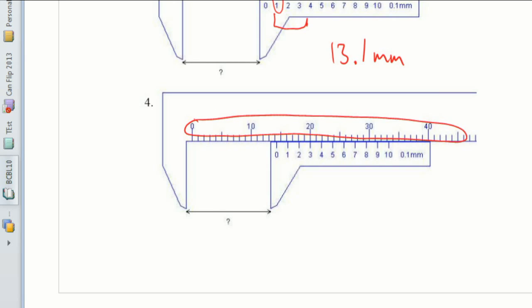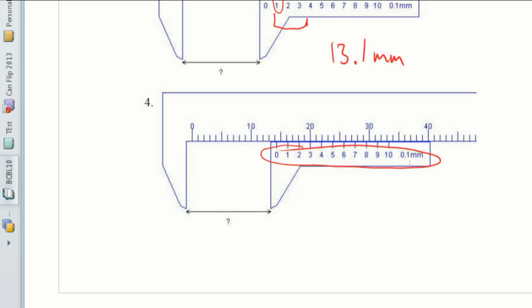There's your one scale, which measures millimeters. And then you have another scale here, which measures 1/10 of a millimeter. So this is just going to give you more accurate measurement. So the way we read the caliper is we look at where the 0 falls. So we read the 0 on the first scale.